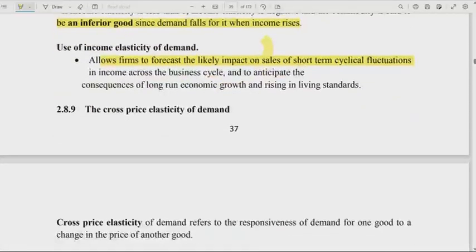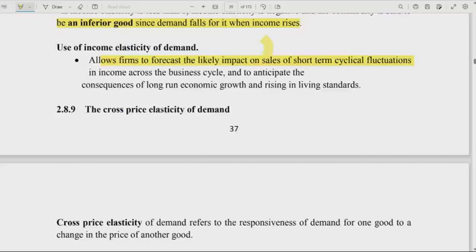And the other one is the cross price elasticity of demand. In the first one, we looked at price elasticity, but the price was of its own good, right? What is basically the measure of responsiveness of demand to changes in its own price?